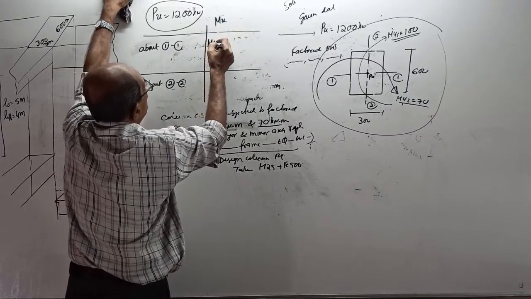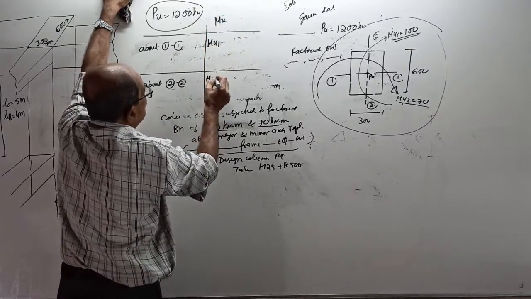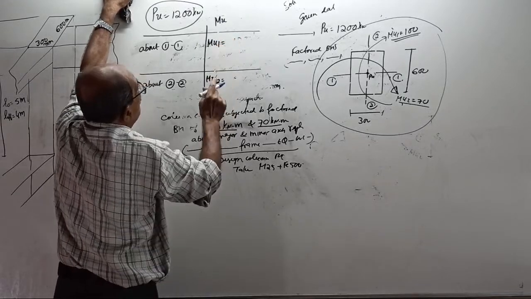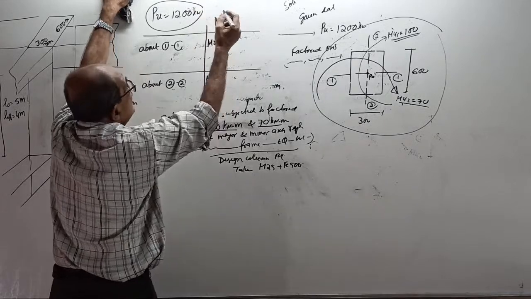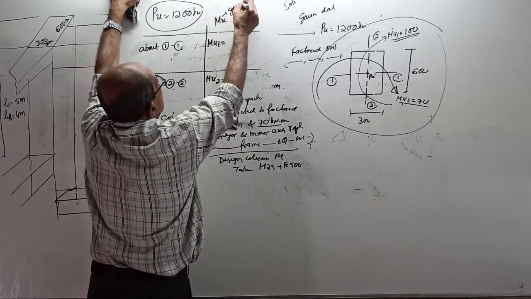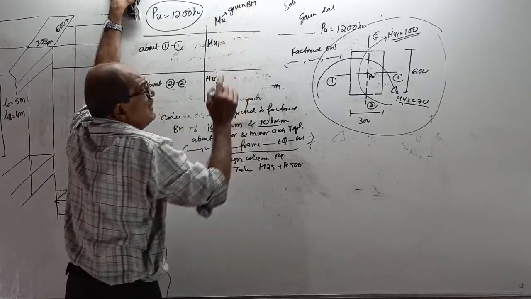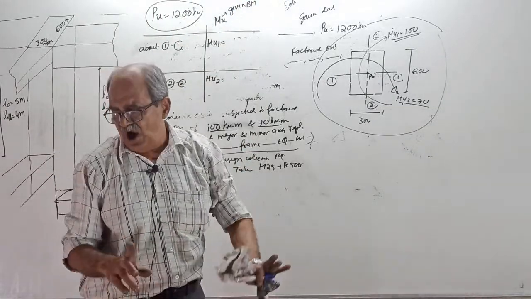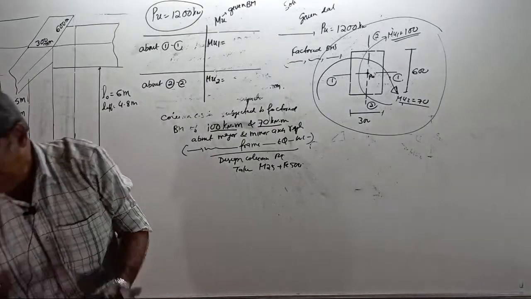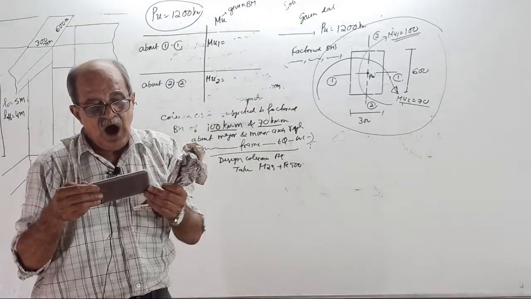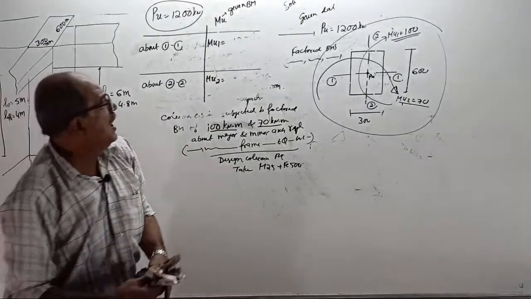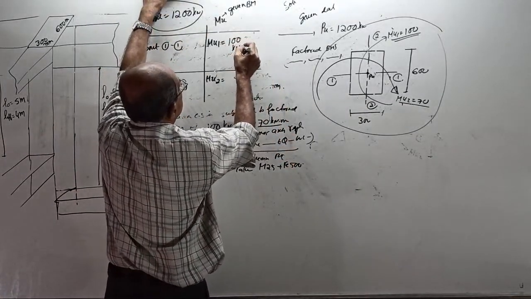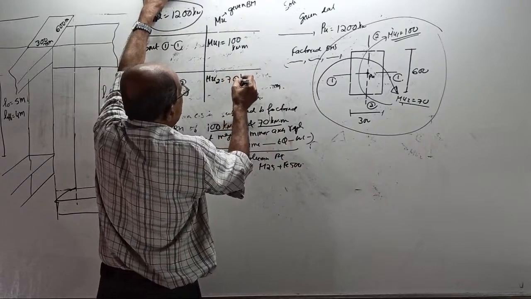This is MU1, this is MU2. MU is the given BM. Given BM means the BM due to frame action or earthquake or anything. About 1 it is 100 kilonewton meter and this is 70 kilonewton meter.